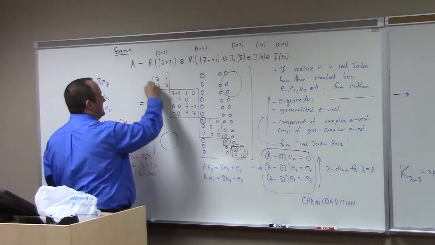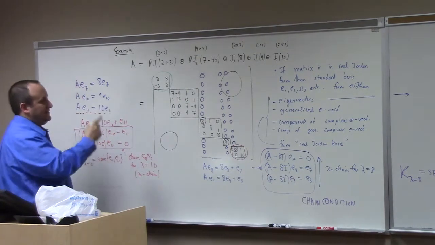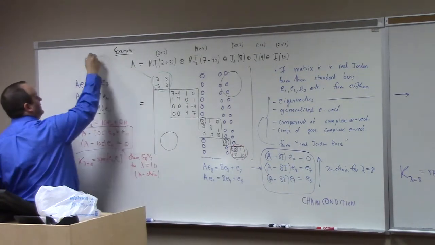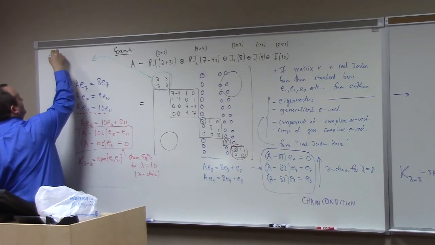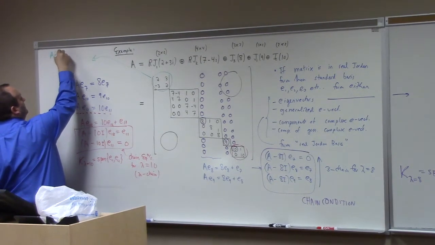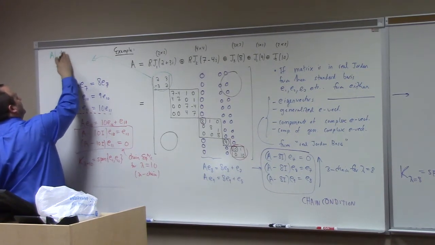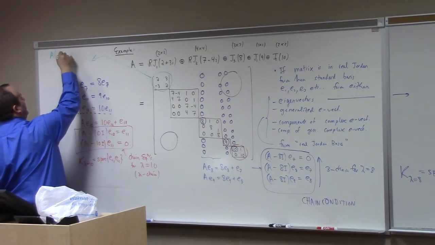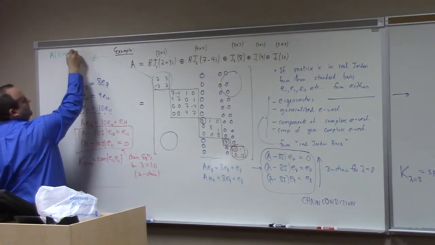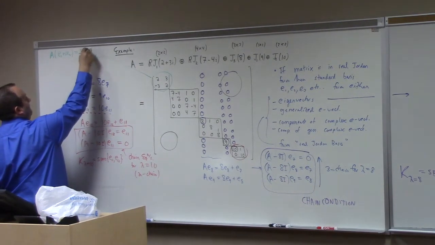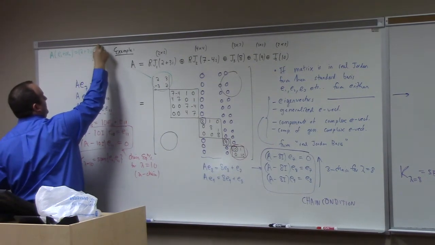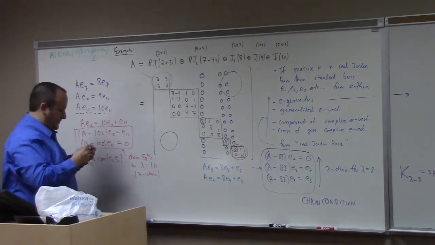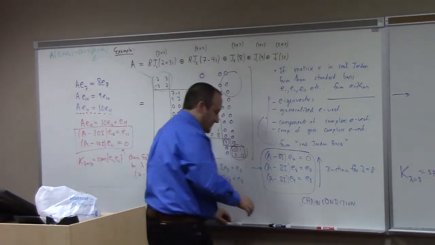But this piece right here, what that tells me is that A times E1 plus IE2 is equal to 2 plus 3I times E1 plus IE2. I better write in a color that actually we can see. Sorry about that.